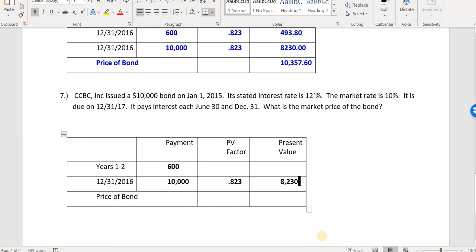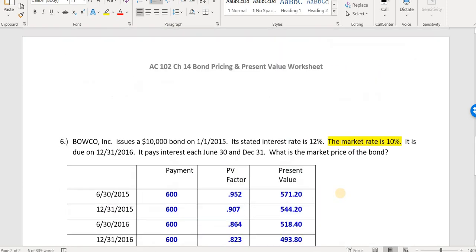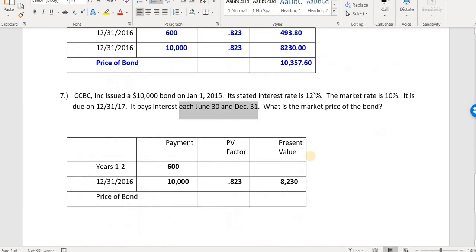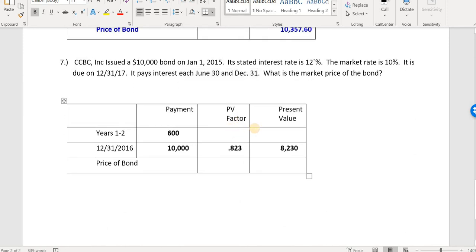Okay, you can see that I'm filling in some of this. The last thing I haven't filled in is the present value factor from the annuity table. The market rate's 10%, and the interest is paid twice a year, so I want to use the 5% column for 4 payments. 5% column, 4 payments, 3.546 is my factor. 3.546 times $600 is $2,127.60.